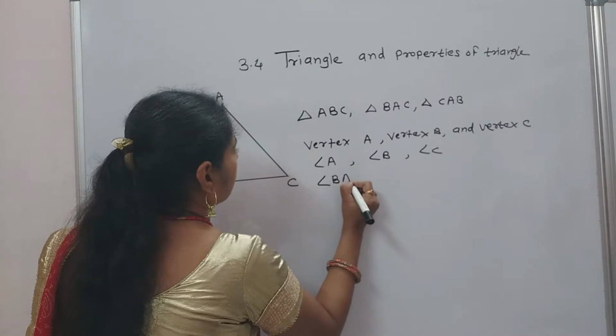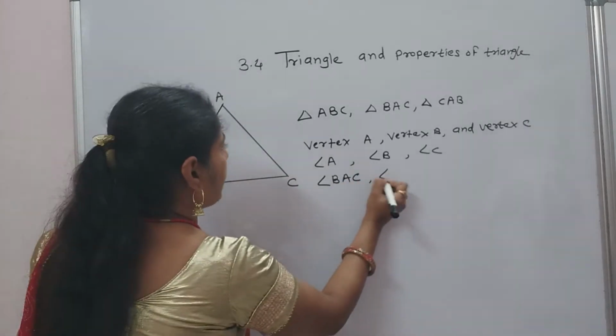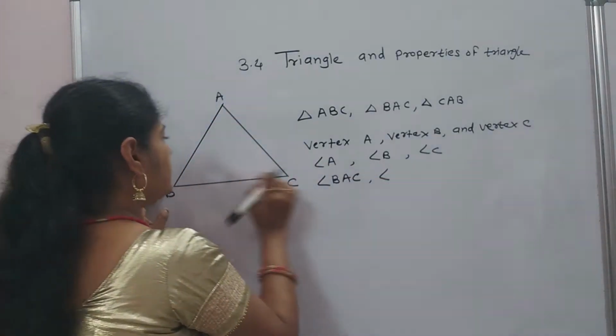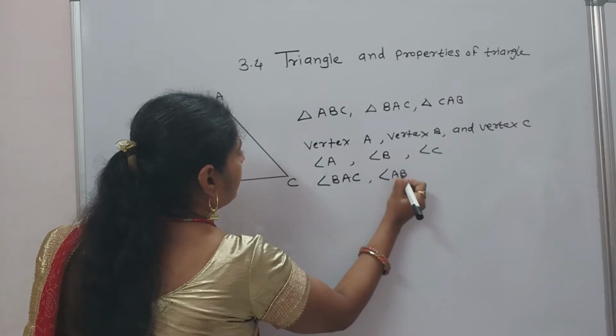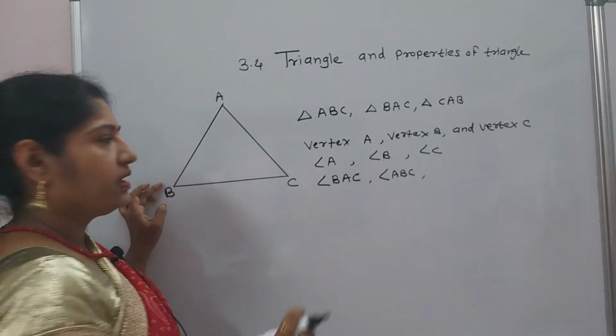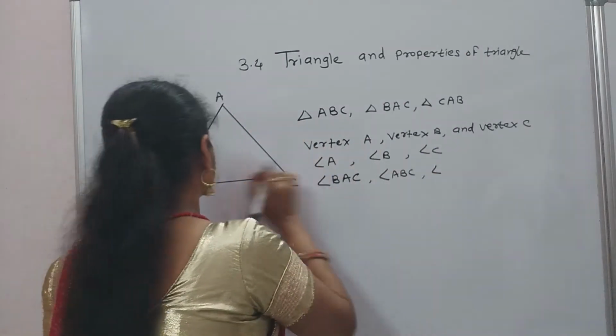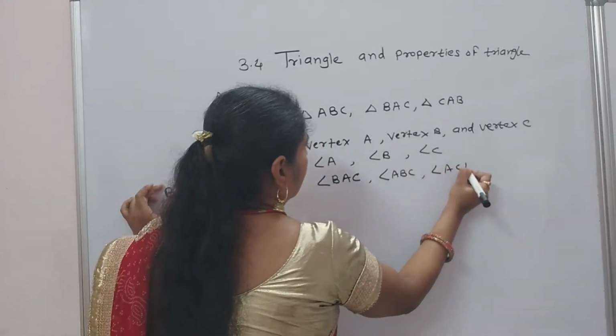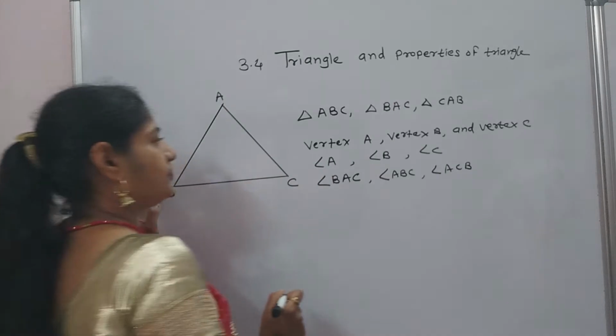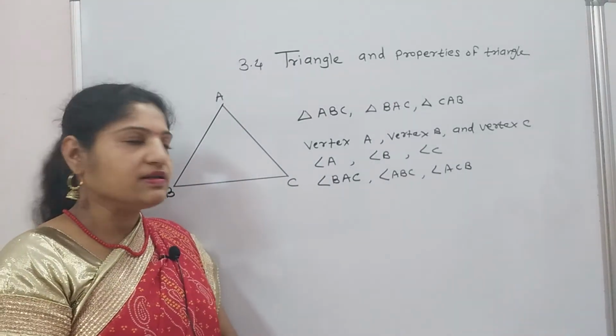Angle B is ABC; write the vertex in between. Angle C is written as ACB or BCA. These are the three angles.